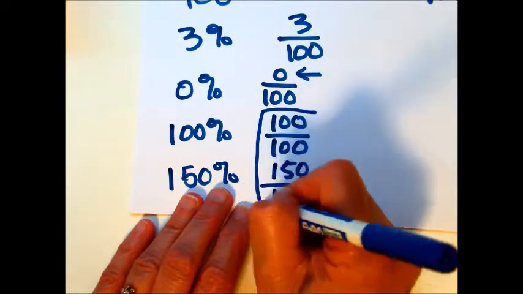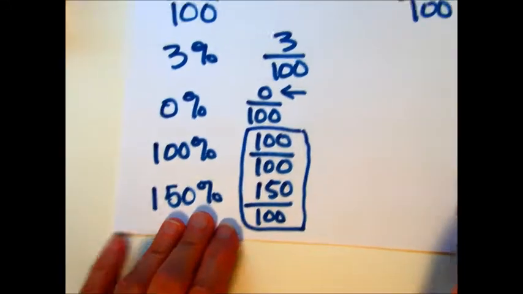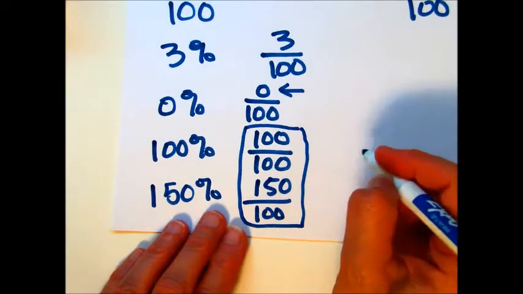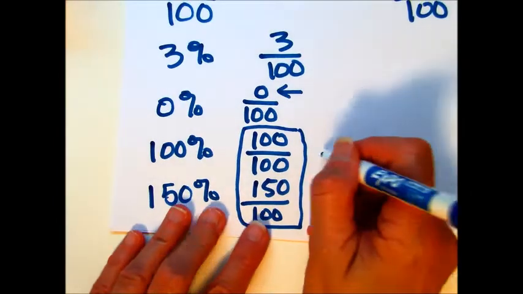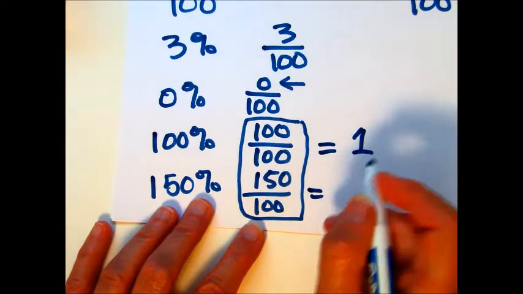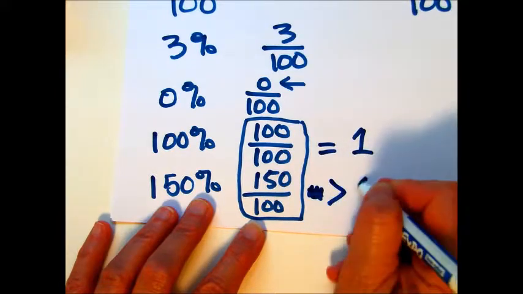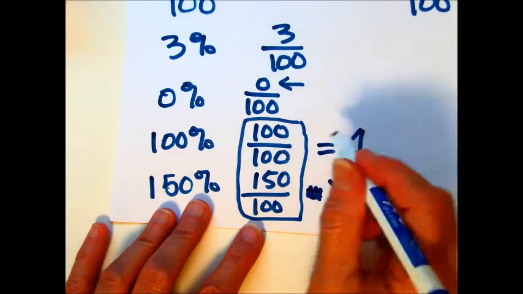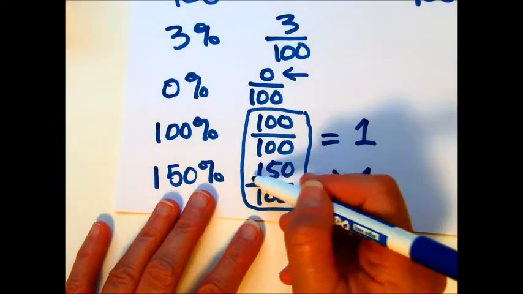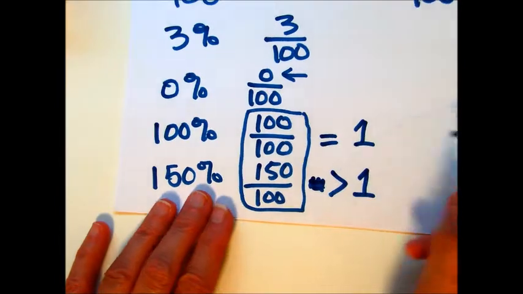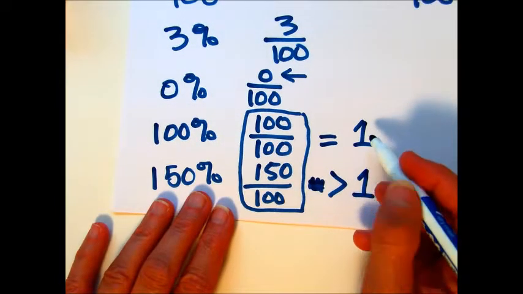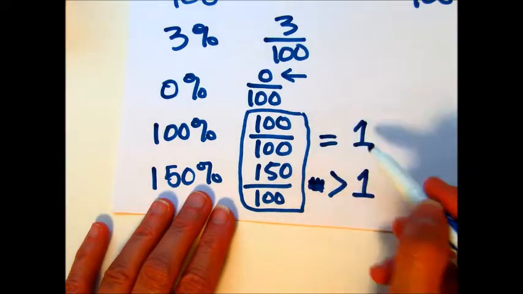So these are called improper fractions, and an improper fraction is going to basically tell you that your answer is going to be either equal to 1 in this case, or in this case, greater than 1. Okay? So 100 100ths is equal to 1. 150 100ths is greater than 1. And we'll see that again when we convert percents to decimals.